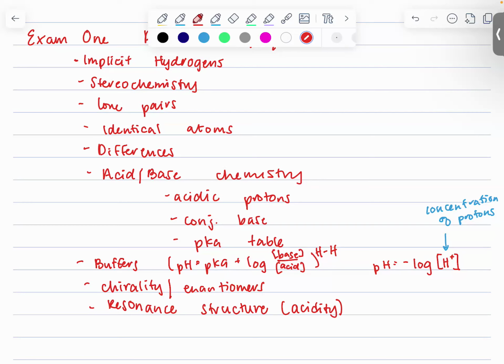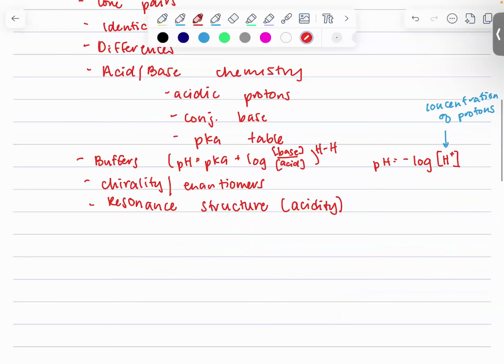Electron dense areas are any places where a negative charge lands when you're doing resonance structures. Electron deficient atoms are any place a positive charge ends up when you're doing resonance structures. So electron rich is anywhere a negative charge ends up during resonance.